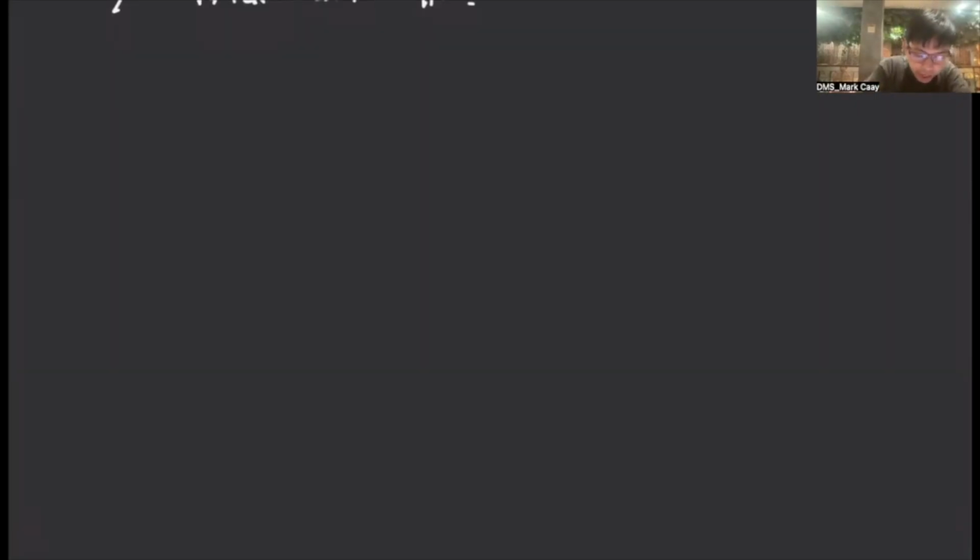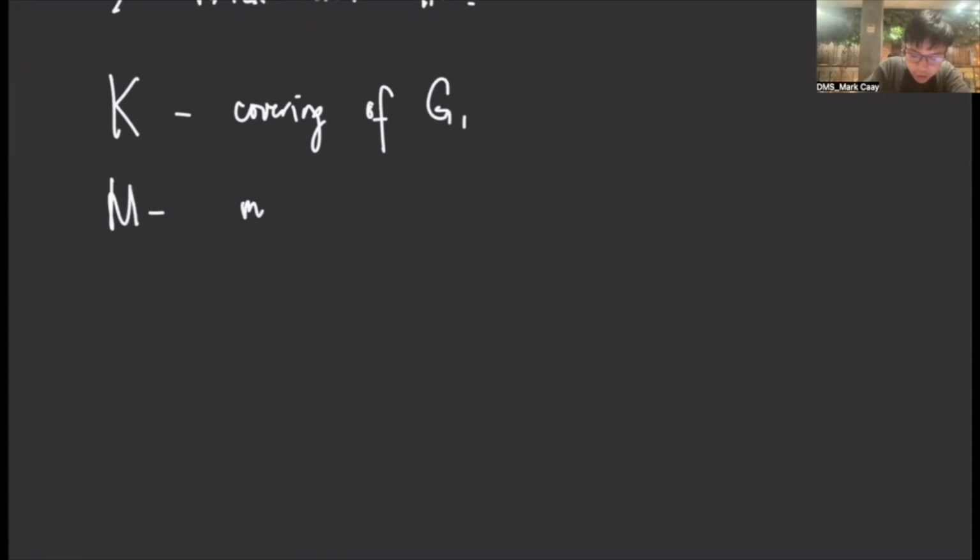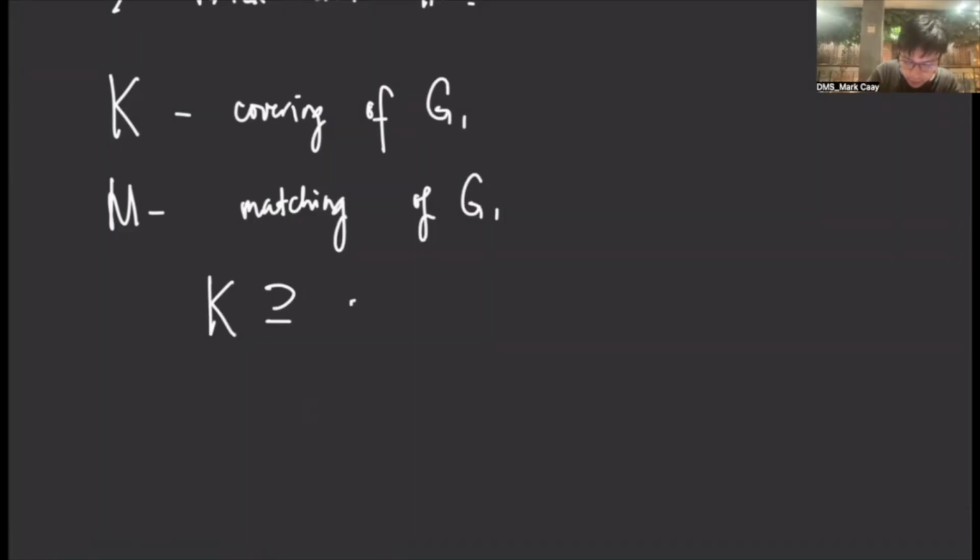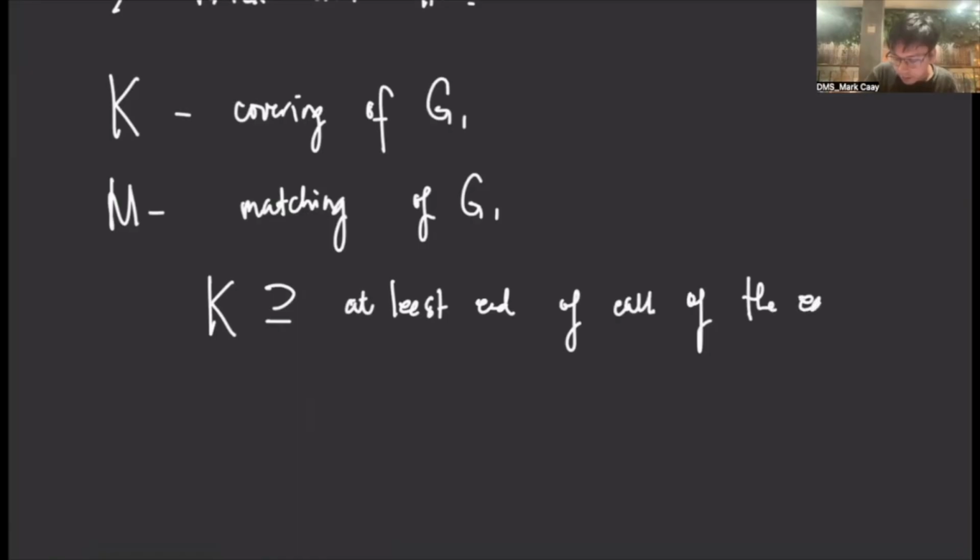Now, if K is a covering, so let's say this is the covering of G, and let's say M here is a matching in G, it follows that K contains at least one end of each of the edges in M. Bakit?